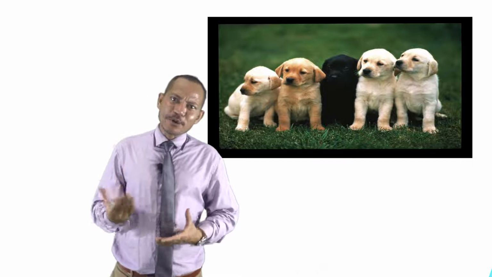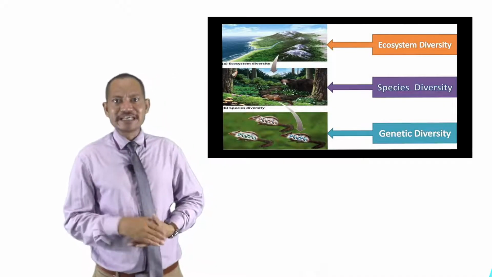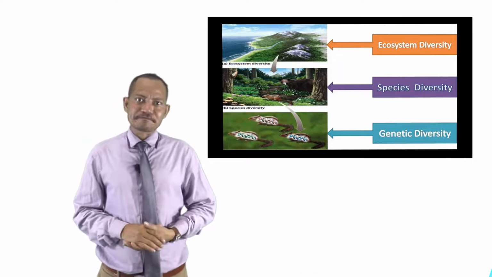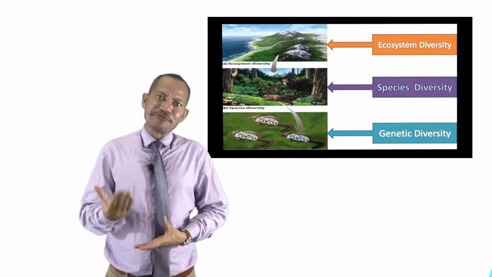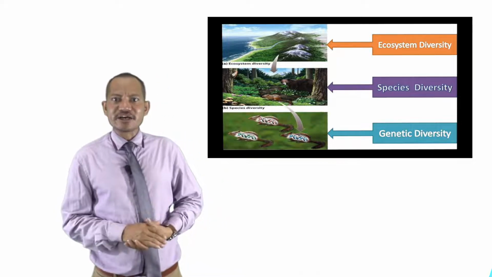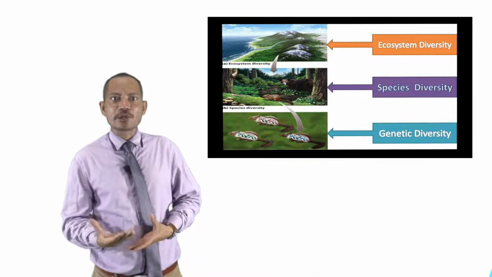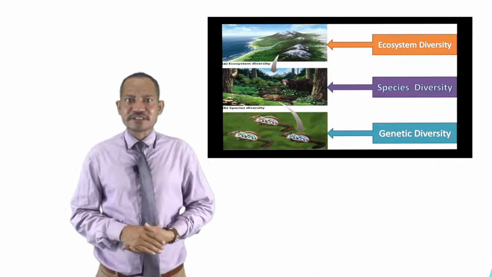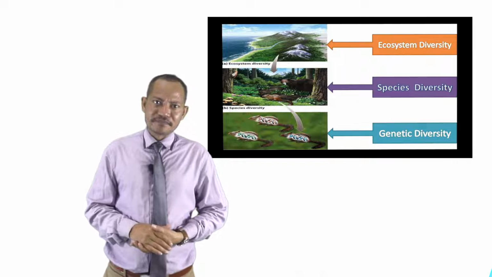And another important type of biodiversity is ecosystem diversity. Ecosystem diversity deals with the variations in ecosystems within a geographical location and its overall impact on human existence and the environment.